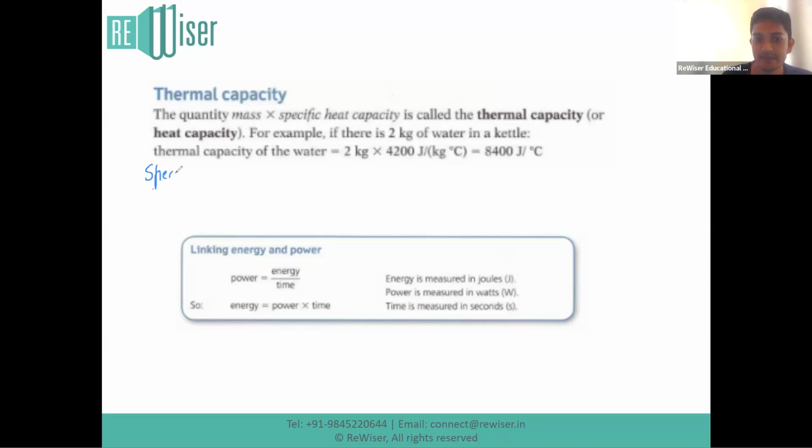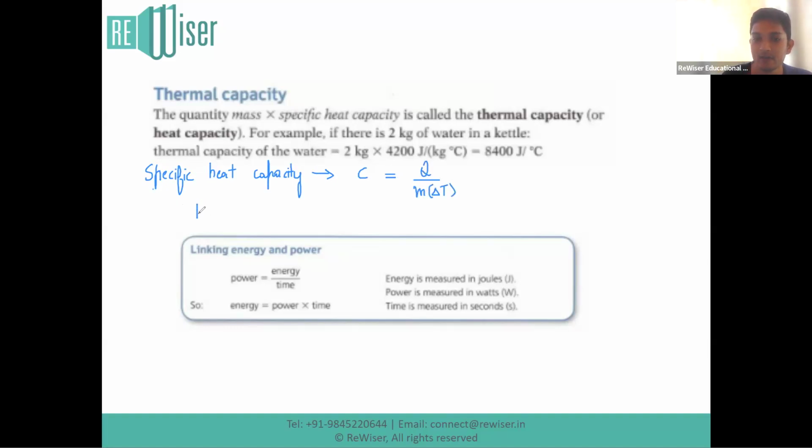Specific heat capacity is the energy required to change the temperature of unit mass of a substance through 1 degree Celsius. It is denoted by the symbol C, which is equal to Q divided by M delta T.